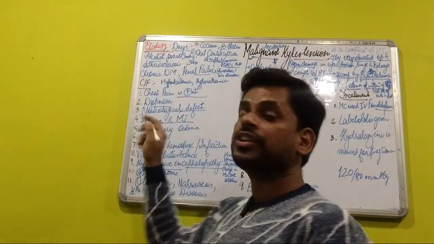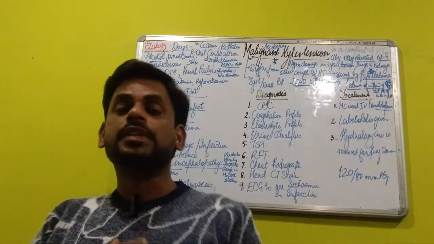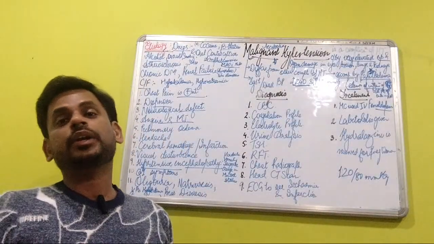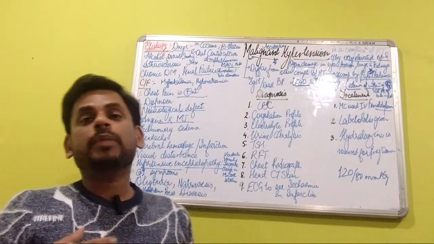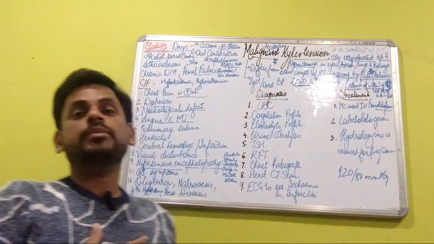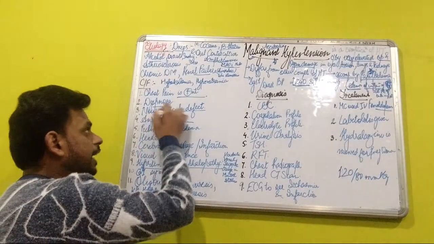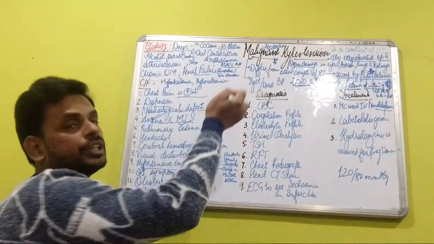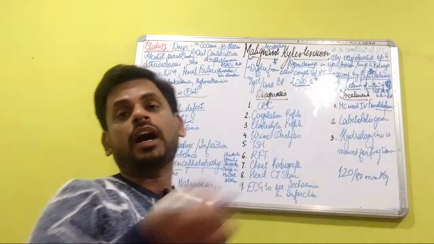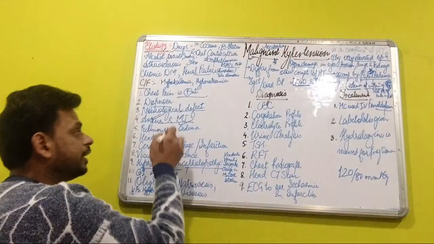Apart from this, the patient can have cardiac symptoms, because of such uncontrolled high blood pressure. The patient can even manifest with symptoms of angina, that is chest pain, and can even have a heart attack, that is myocardial infarction.